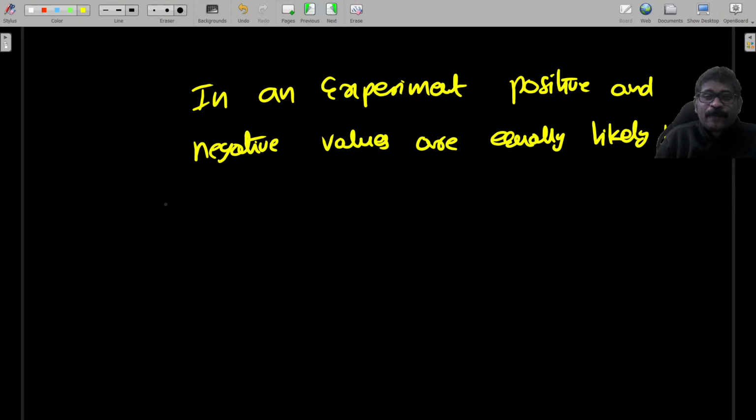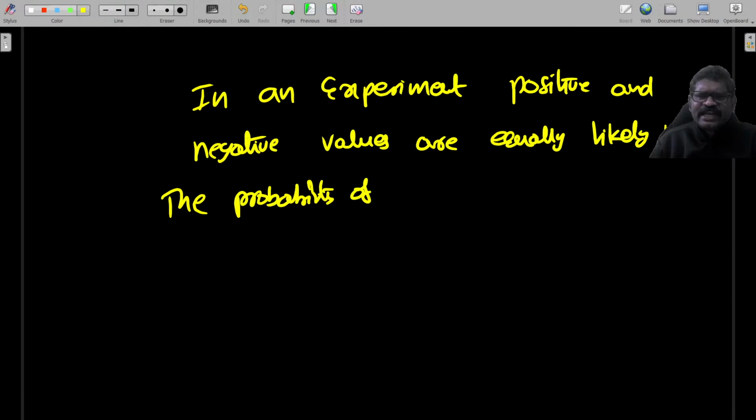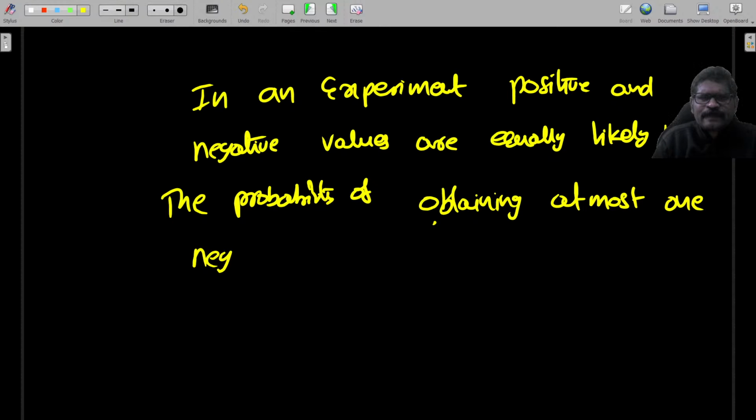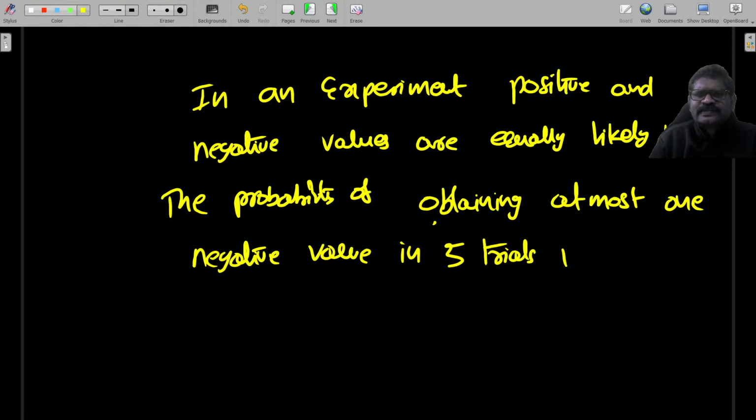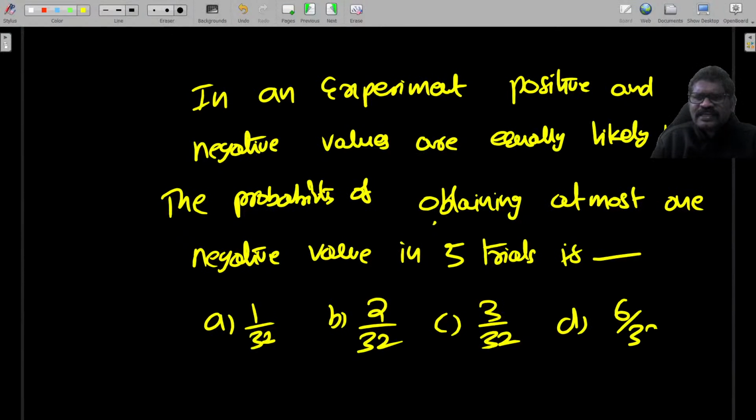The probability of obtaining at most one negative value in 5 trials is: at most 6/32.